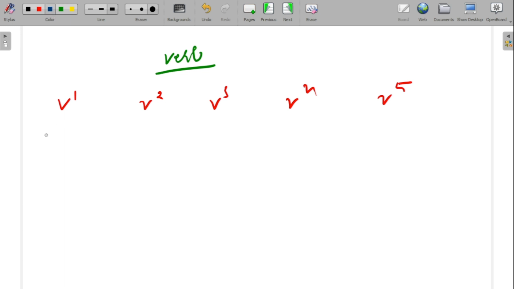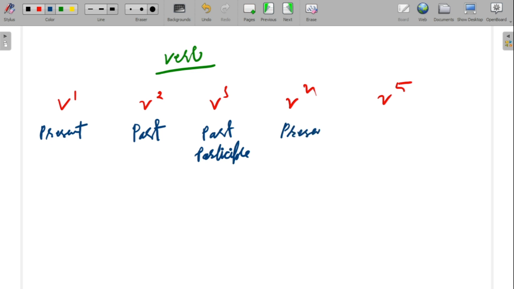Verb 1 is known as present, verb 2 is known as past, verb 3 is known as past participle, verb 4 is known as present participle, and this one is known as S/ES form, or we can say singular form.